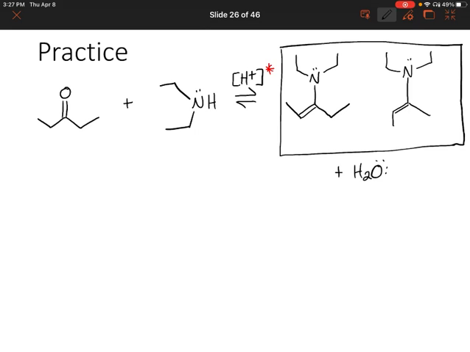So now let's try to assign E and Z to these 2 double bonds. I said cis and trans earlier, but if you look at the double bond, you'll notice that there are 3 different groups attached. So we have to use E or Z to describe the double bond. So see if you can assign E and Z to those products.